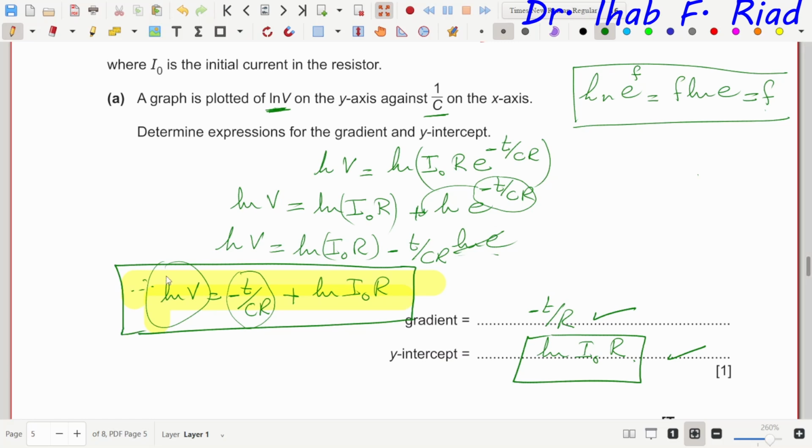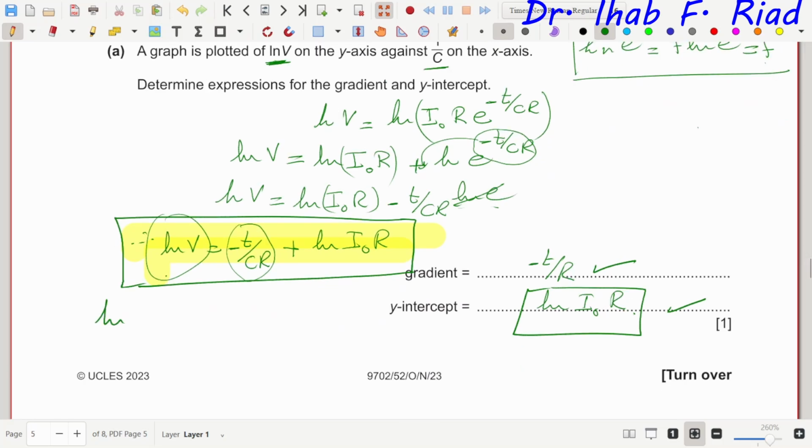This equation is basically ln V is equal to minus T over CR. So he's asking for 1 over C. So it is gradient divided by C plus intercept.